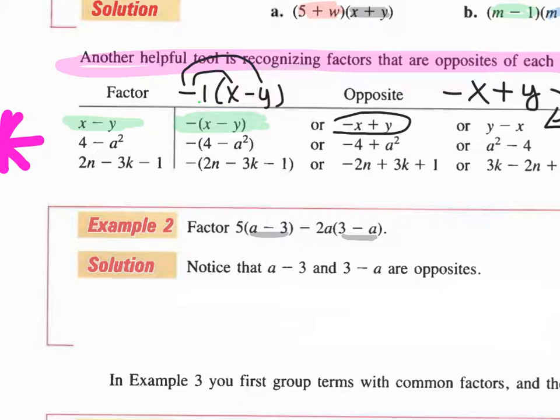However, remember to factor by grouping, these two things need to look identical. So in order to make them look the same, these are opposites, and what I can do is divide out or multiply it by -1.